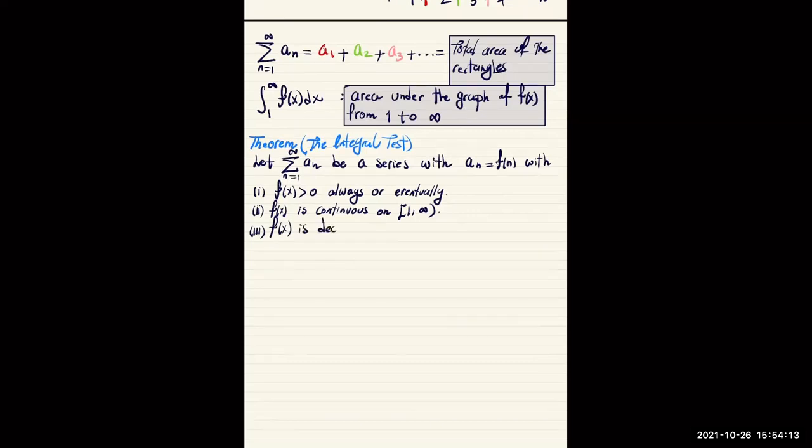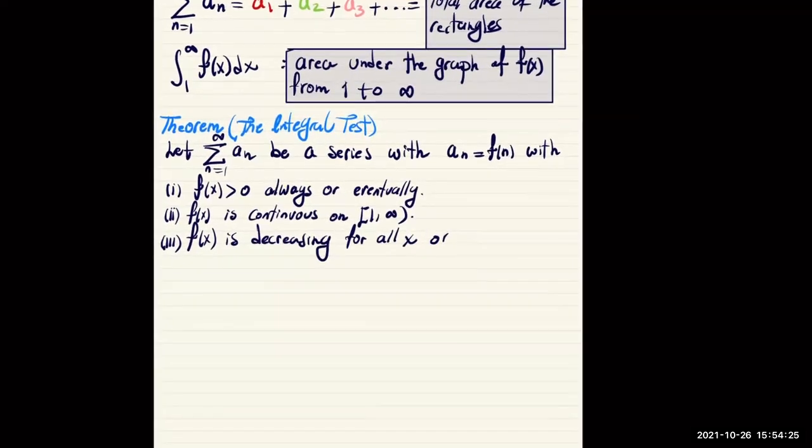So f(x) must be decreasing for all x. Okay, or it can be eventually decreasing. It doesn't have to be decreasing always.